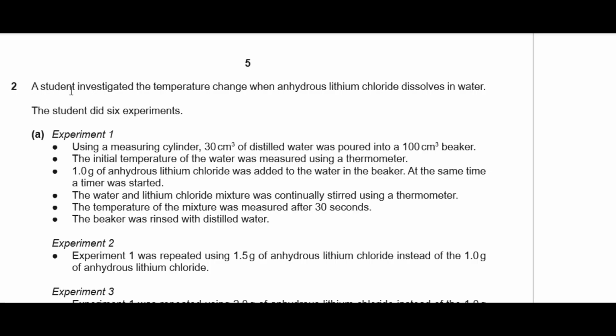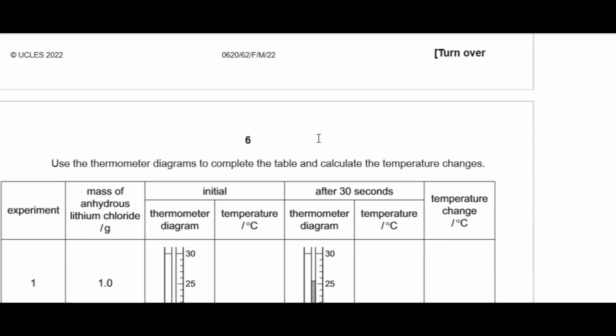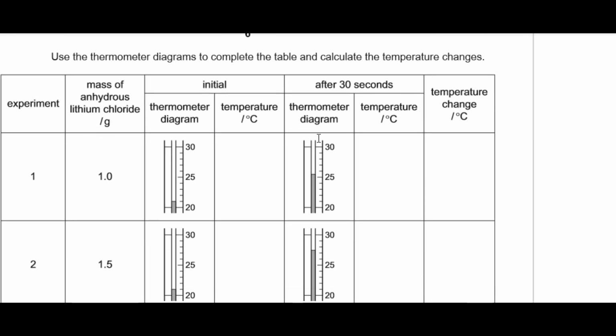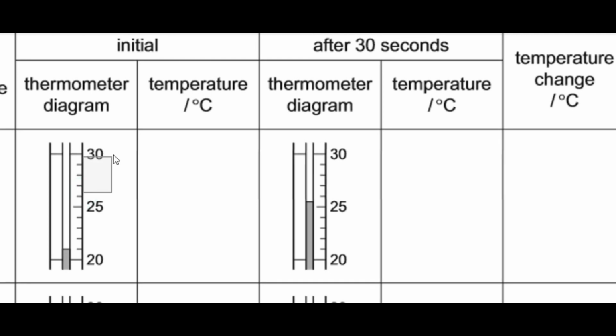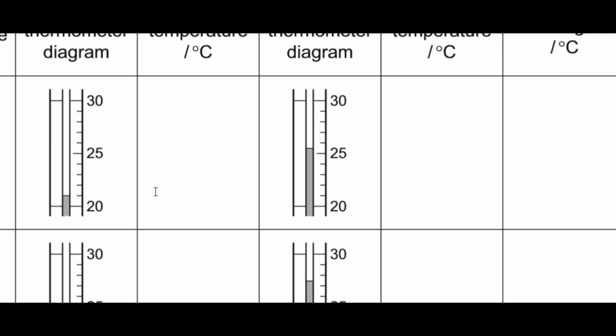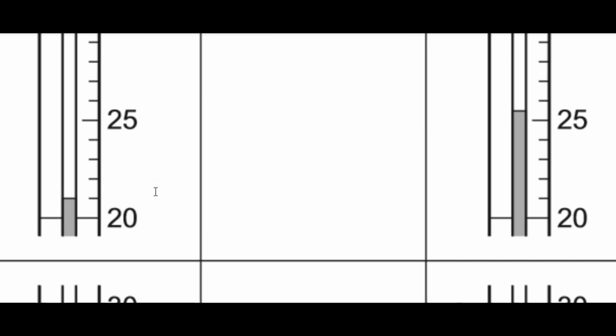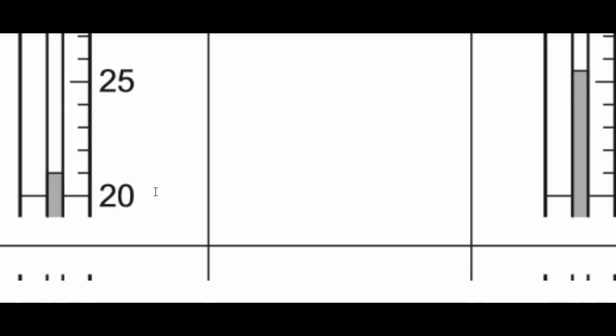This question is about temperature changes, where a student investigated the temperature change. We are given different readings where we need to write down the temperatures. Let's start from experiment 1. Look at this reading. It is above 20.